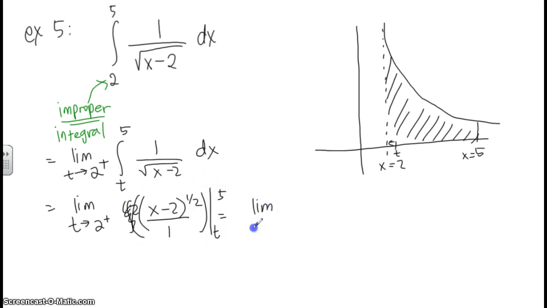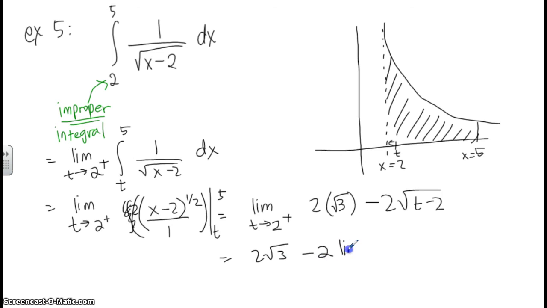So this will give me the limit as t approaches 2 from the positive end of 2 times the square root of 3, minus 2 times the square root of t minus 2. Now, this is going to be a constant, so I get 2 square root of 3 minus 2 times the limit as t approaches 2 from the positive end of the square root of t minus 2.